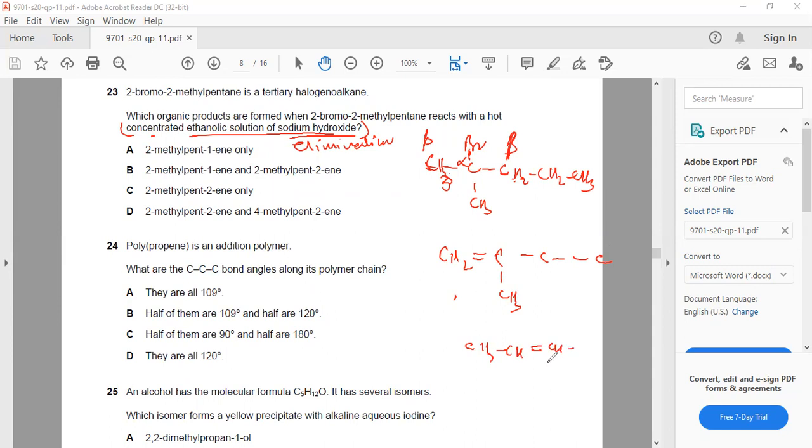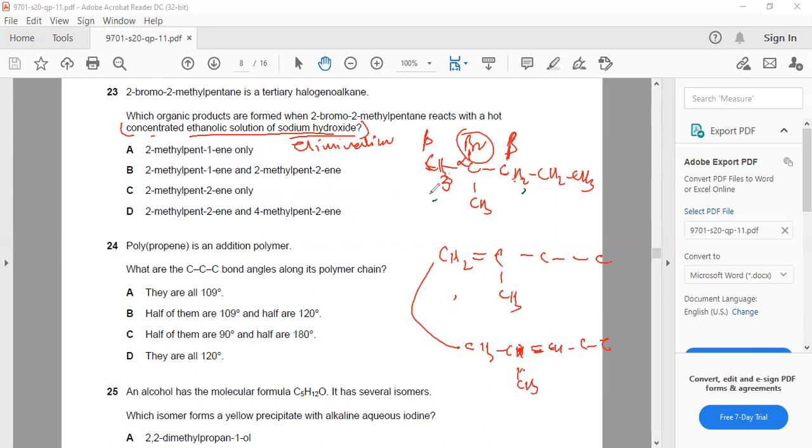So 2-methylpent-1-ene. These are the two isomers formed. Bromine is removed from here. Hydrogen can be removed either from the left hand side or right hand side.